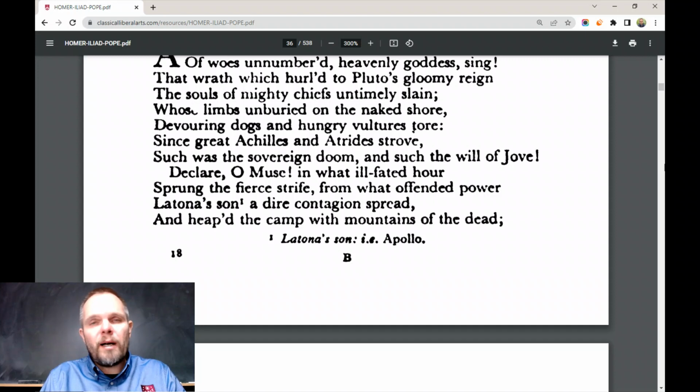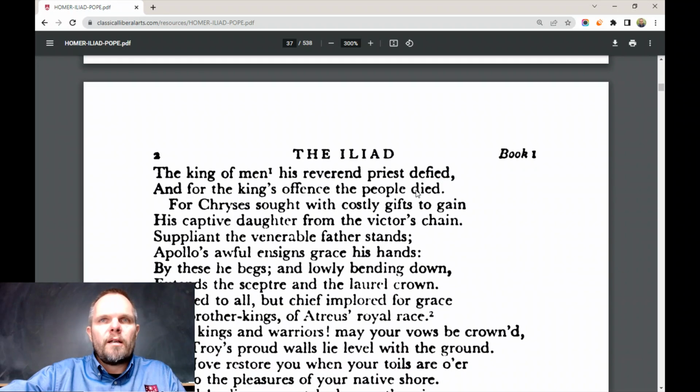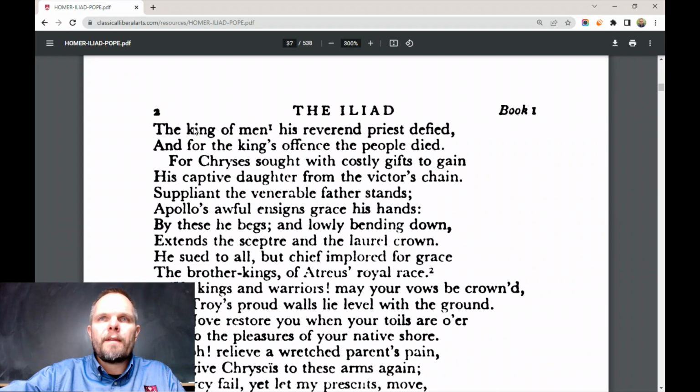So Apollo was offended by something that happened, and Homer is asking the muse to reveal to us what it was that happened, that angered Apollo, that caused him to unleash a plague upon the Greek people and leave mountains of the dead. The king of men, that refers to Agamemnon, because he was the great king at the time.